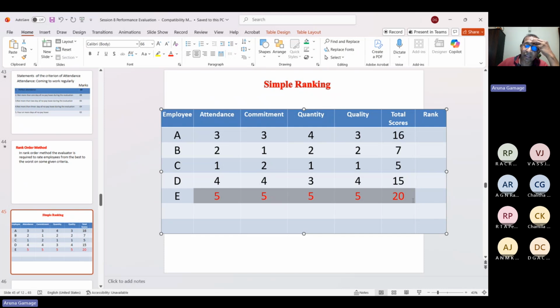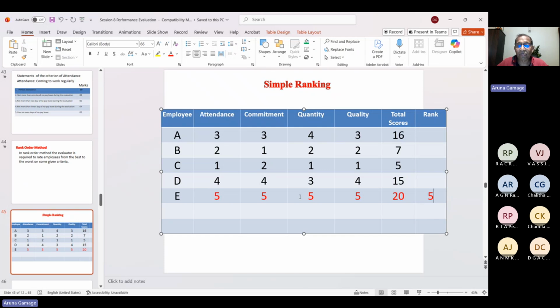So in simple ranking, students, you have to consider total scores. However, when it comes to evaluation, smaller is better. Smaller the better, right? So he has been the fifth employee, the last one. These are rankings, not absolute values they have obtained.